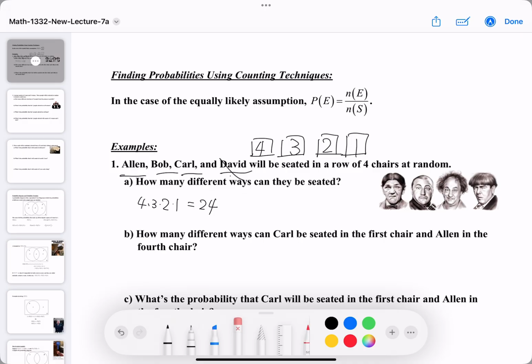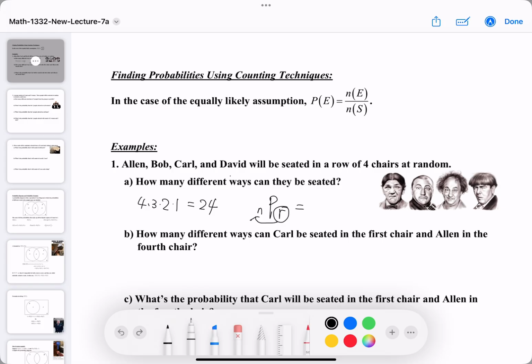If we use permutations, the permutation we learned is nPr. It selects r objects from n, from the big pool, and then finds the different orders of those r objects.